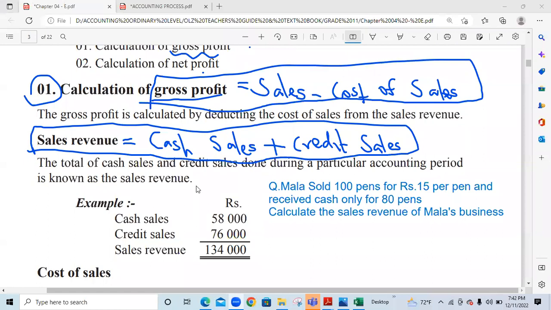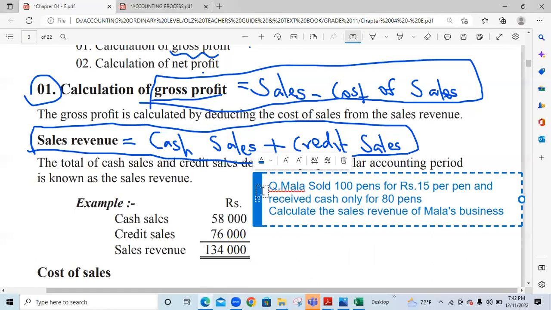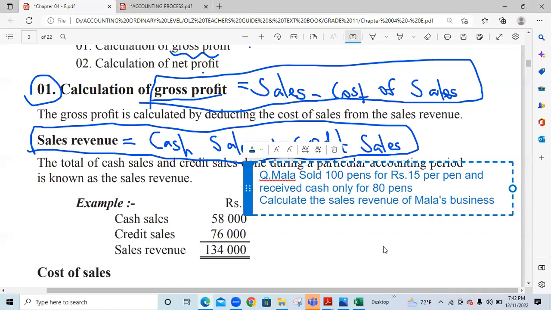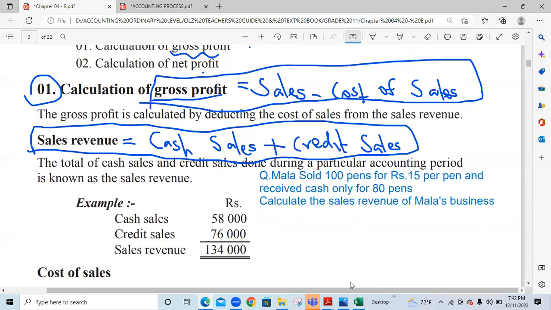No matter you get cash, I told you guys, no matter you get cash or not, if you have sold the goods, you have to receive for 100 pens, right? Even though you got cash only for 80 pens, it doesn't matter. You have to receive for 100 pens.